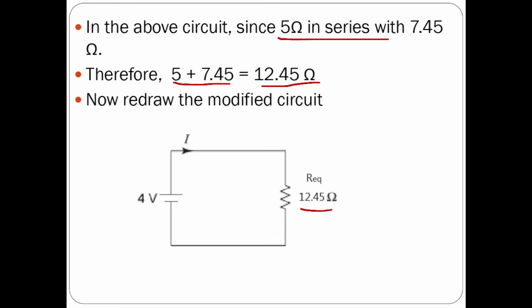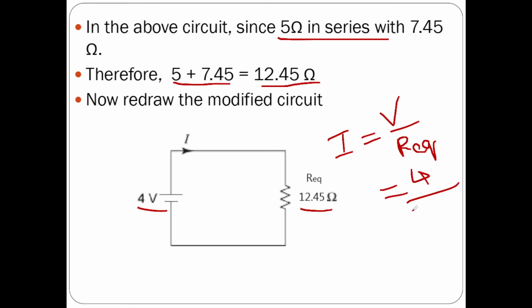Now what is the I value? I equals V by R equivalent. V is 4, divided by 12.45.